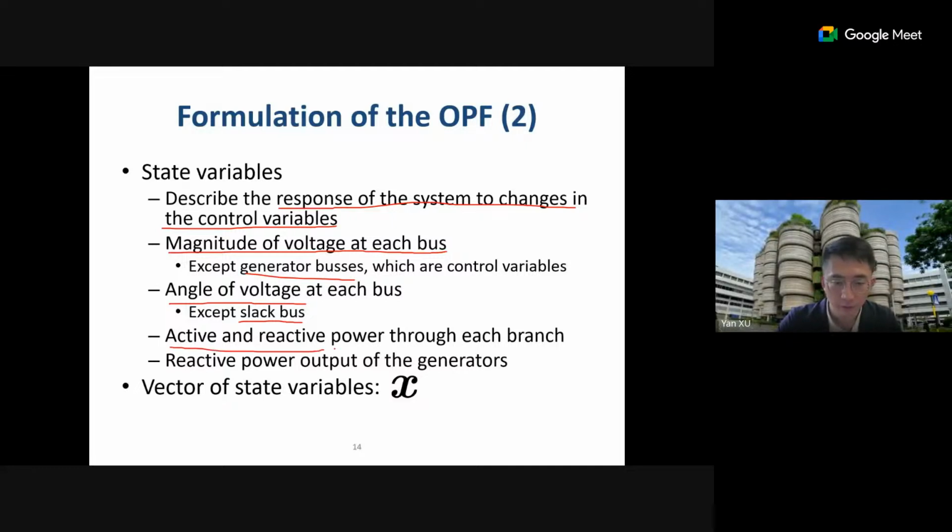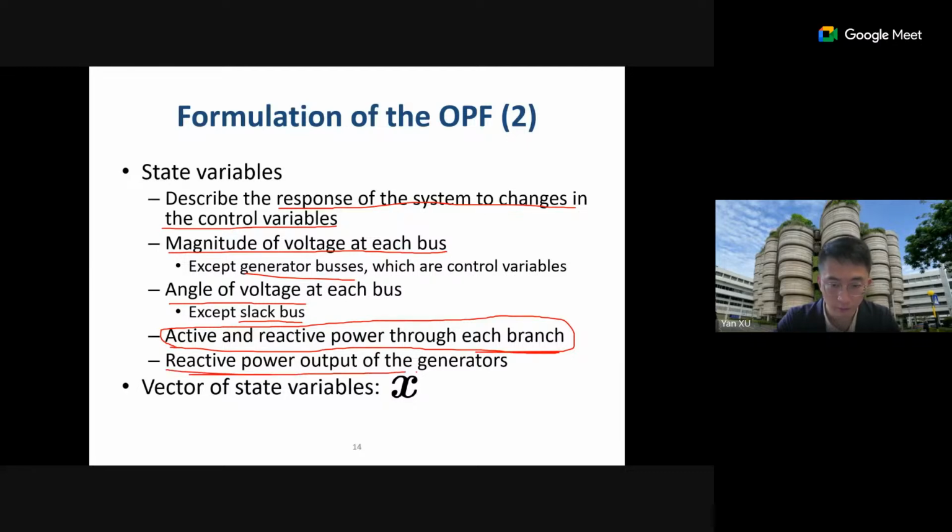And then the power flow through each branch is not directly controlled. Again, I have emphasized many times for microgrids, when we optimize the operation, we cannot control how much power flows from bus A to bus B. We cannot do that. We are actually indirectly determining the power flow based on our decision variables.